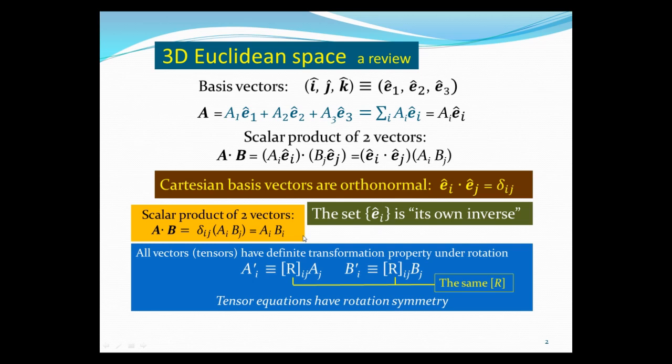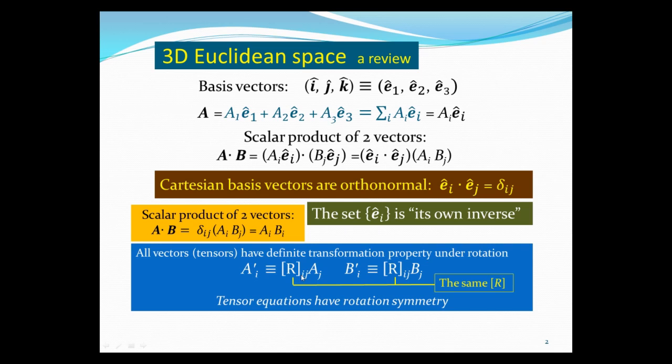And again, remember, vectors or tensors in general are defined to have some definite transformation property under coordinate transformation, or under rotation in this case. The components A are related to A prime by this rotation matrix, and B are related to B prime by this rotation matrix.